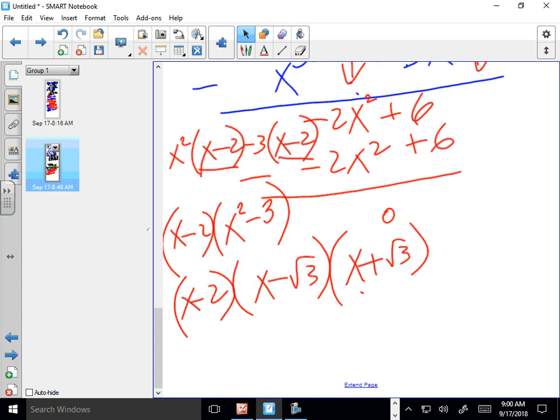Completely factored with linear factors.